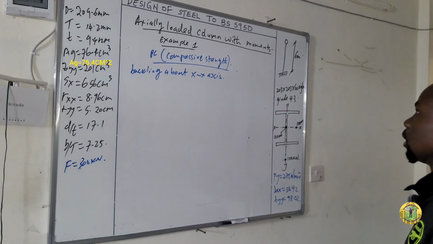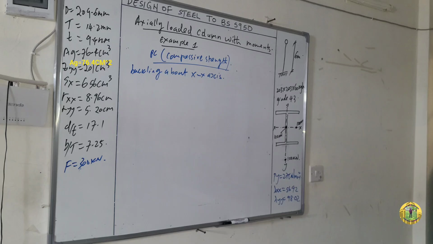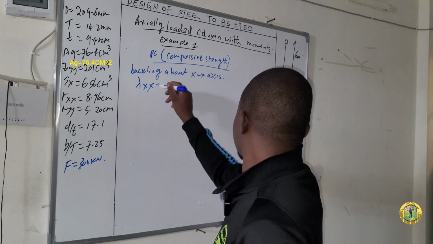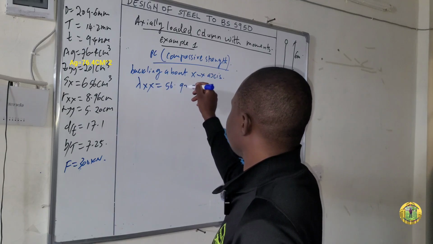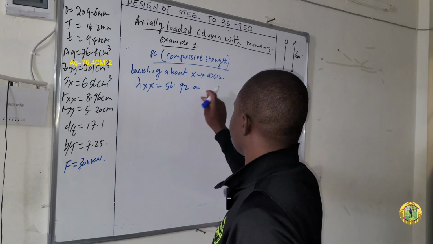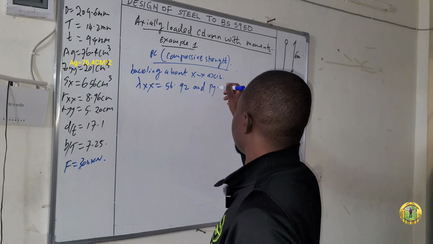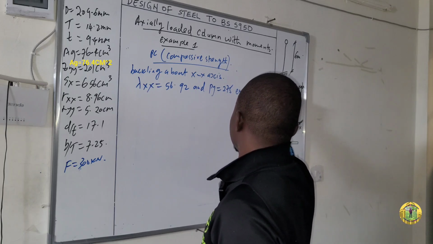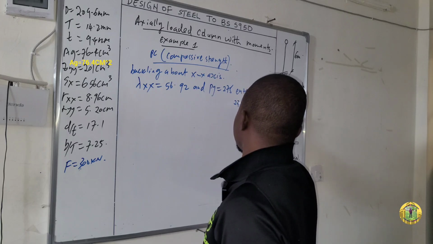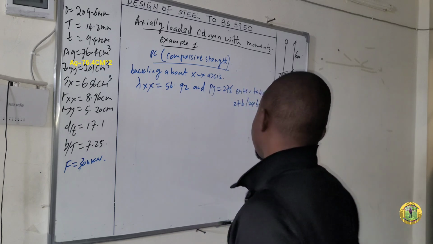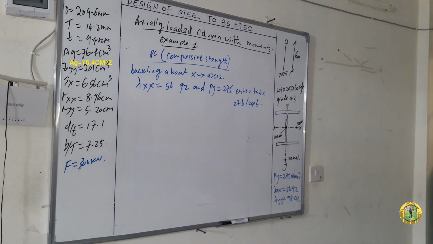And for this, we will use the slenderness ratio, which is 56.92 and PY, which is equal to 275, to enter table 27B or 24B, like that. So let's go to the table.